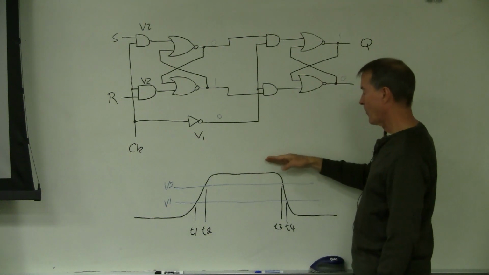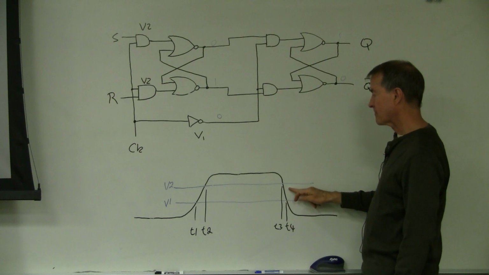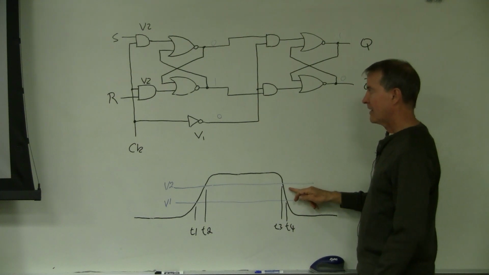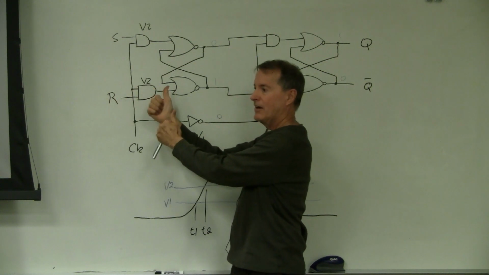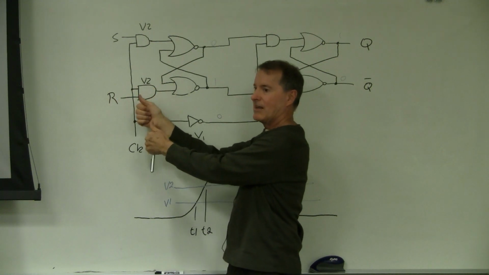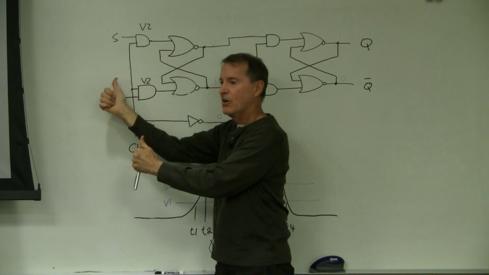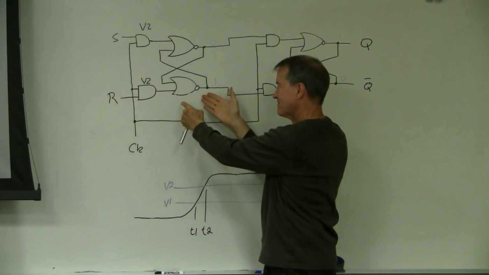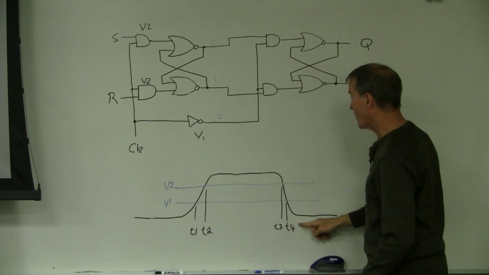Because look, on the way down, it's just the opposite. On the way down, what happens first? This is disabled, so anything coming in through this external SR can't change this. But then at time T4, what's going to happen?